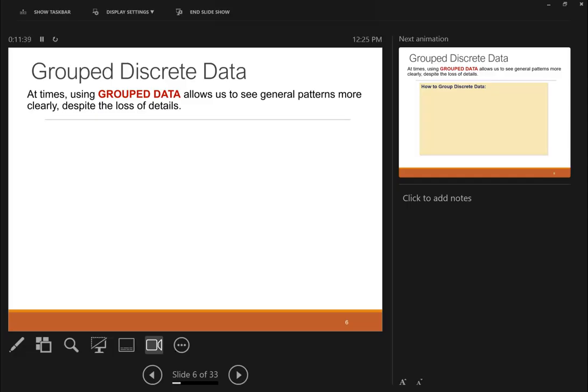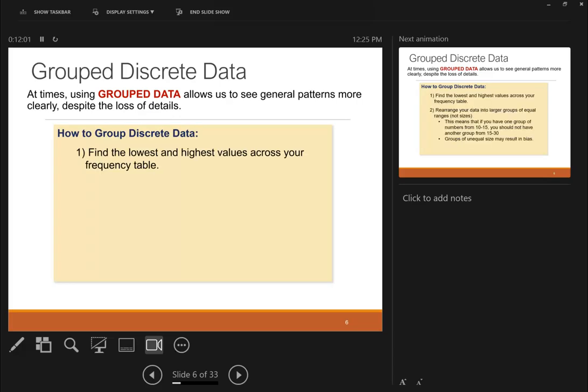So I might say 0 to 3 tardies, and then 4 to 6, and go like that. And for my GPAs, I'm going to say less than 3, 3 to 3.5, 3.5 to 4, 4 plus, something like that, where I'm grouping my data together.